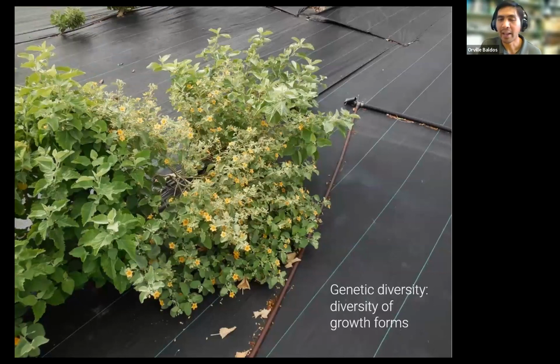So this is an extreme example of pest susceptibility with different individuals. We collected seeds of a native Sida species, and we planted them out, and we got very diverse forms. We have large leaf forms that are not floriferous, and then floriferous ones.